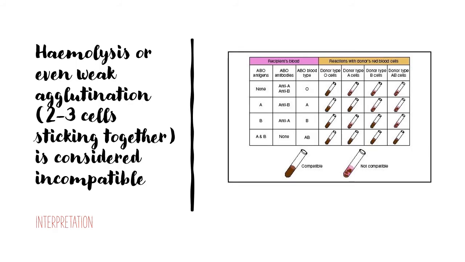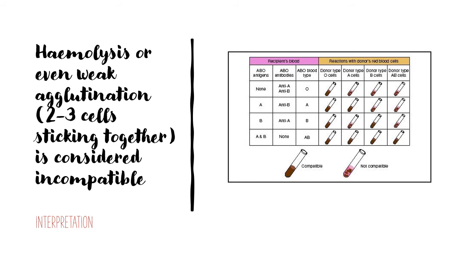So this is a chart related to the cross matching. Hemolysis or even weak agglutination of say 2 to 3 cells sticking together is also considered as incompatible. If you see here, the first example is for group O. We know that group O persons' RBCs don't have any antigens.